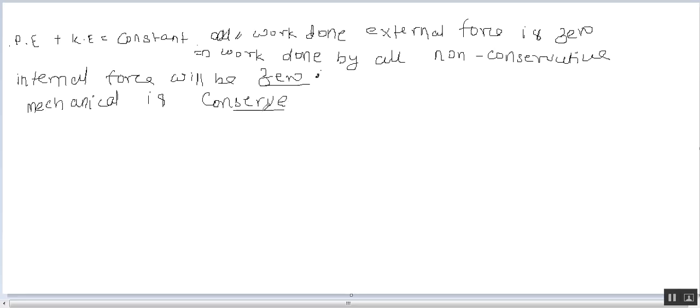Sometimes, in most of the questions, people ask based on this concept. But sometimes an external force is present, so in that case we just use the simple work energy relationship.